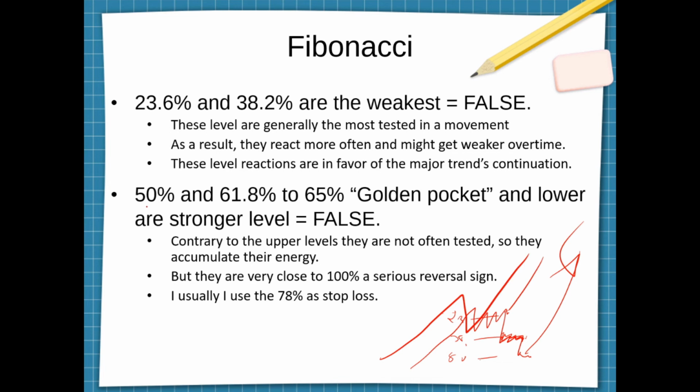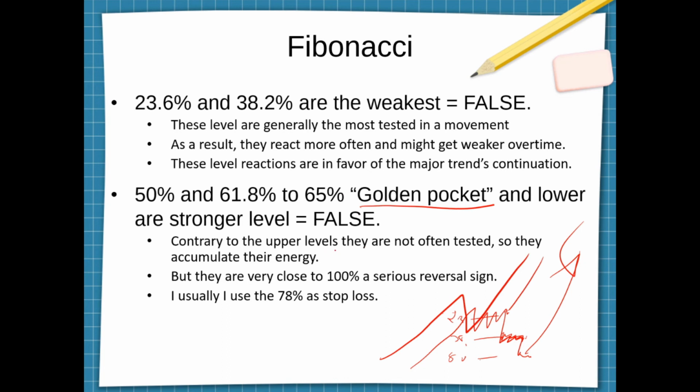The other thing is that you will hear that 50 and 61.8% to 65%, the golden bucket, and lower are stronger. That's actually false. That's not true. All levels can behave the same way. It's all about what type of demand is there in a bull market, and what type of supply is there in a bear market.